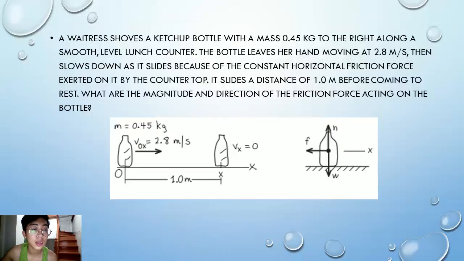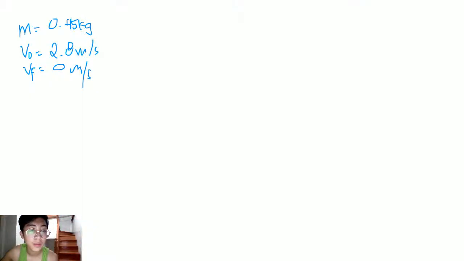And lastly, na-given natin is nag-travel daw yung bottle hanggang complete stop, na-travel niya ay 1 meter. So, this would be our delta x. Delta x would be 1.0 meter. So, ngayon, alam na natin yung mga given natin.